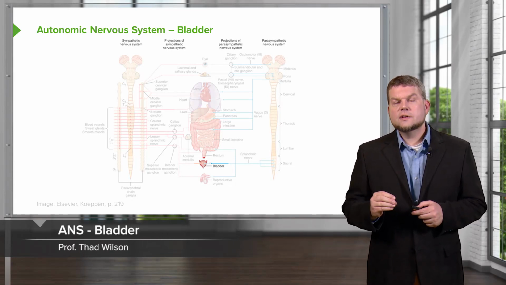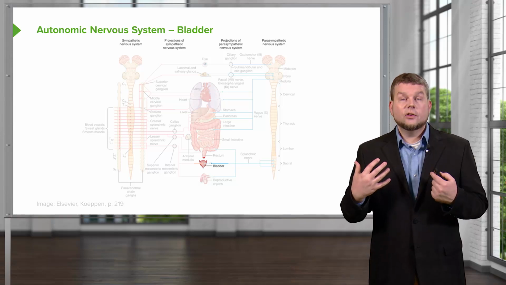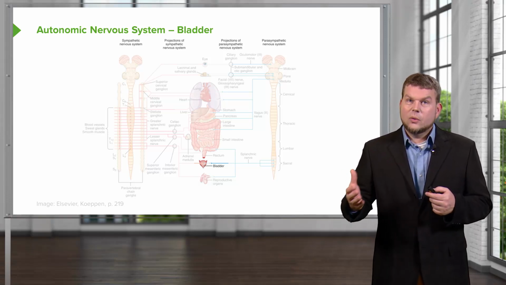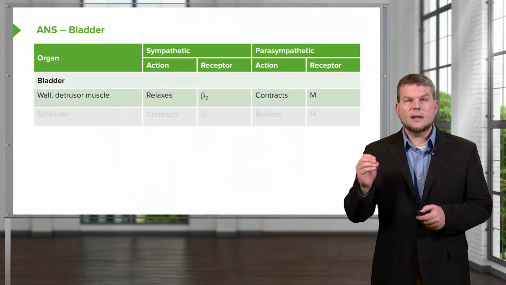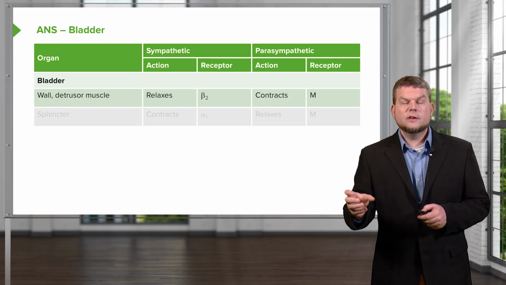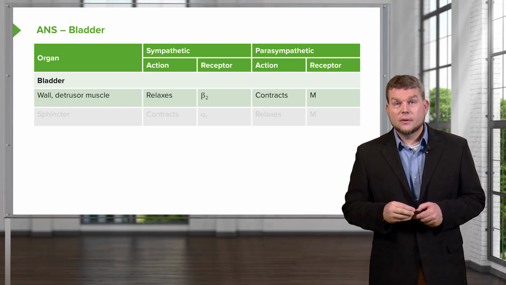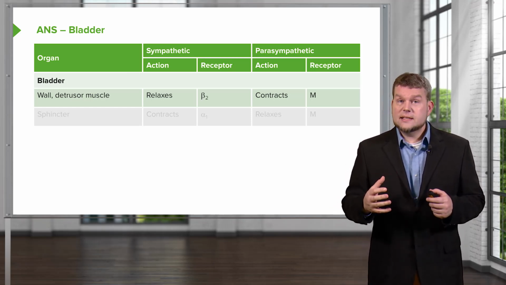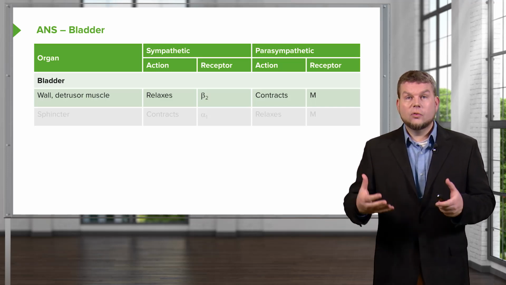The autonomic nervous system also engages the bladder so that if you have urinary contents, you need to know, is it an appropriate time or not to void that bladder? What we're going to do here is cause either a relaxation or a contraction. Remember, if you're relaxing the bladder, you are not then wanting to have that urge to void.